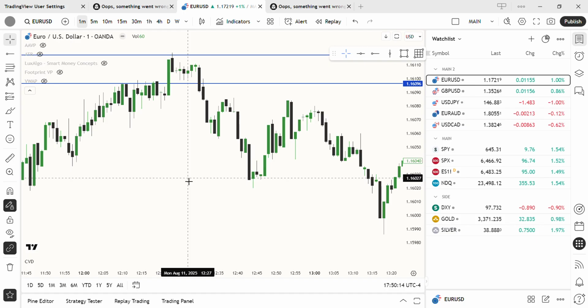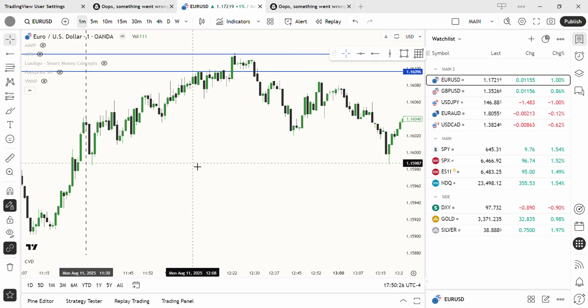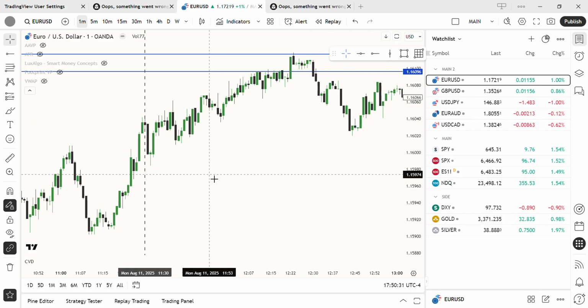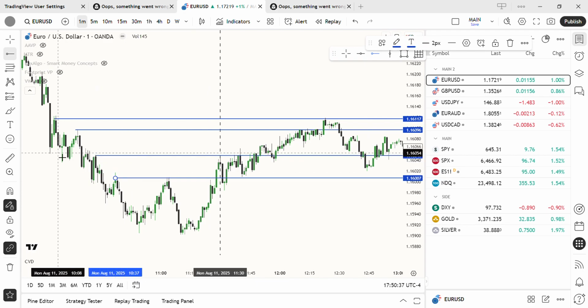And I don't mind having a trade open a little later, into 12:30, because I can close it on my way to work, but I'm not going to be opening anything after that. So let's just see for this day's price action, just marking out the previous days, kind of draws on liquidity.